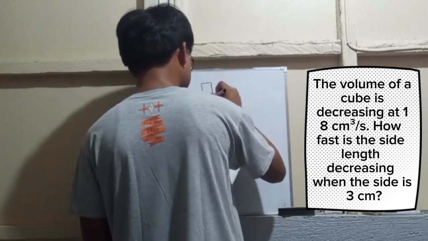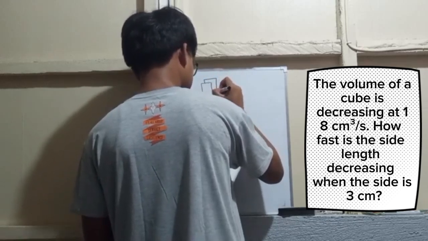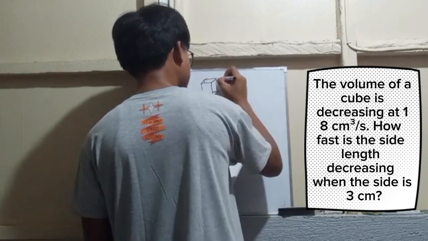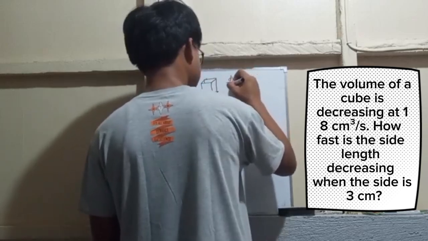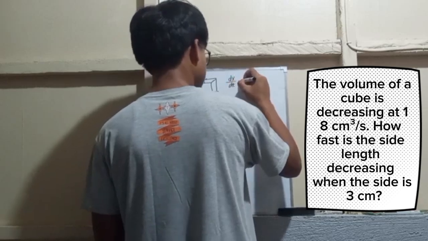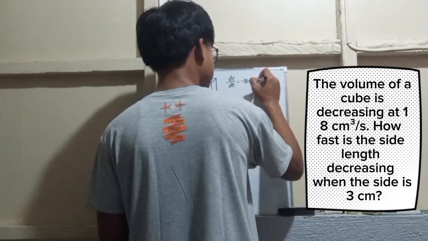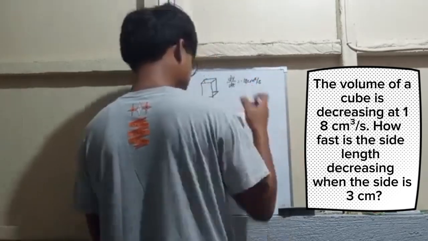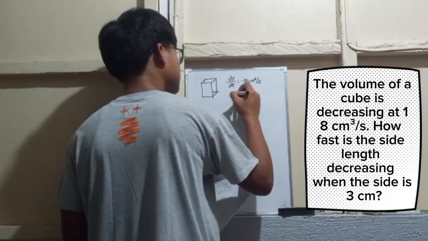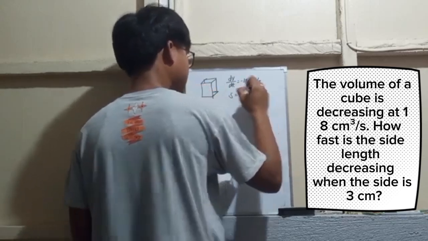We have the cube, then the given rate of the volume is negative 18 centimeters cubed per second. It is negative since it is decreasing. Then our side is 3 centimeters.